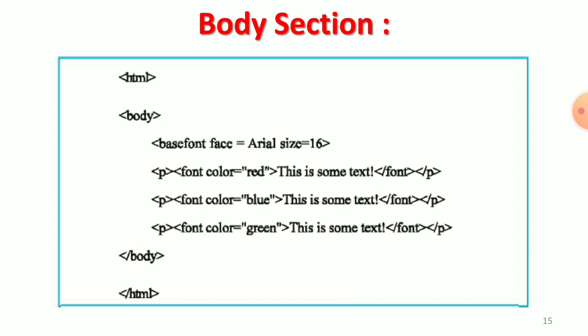P, font color equals red, color equals blue, color equals green, and the basefont face equals Arial and size equals 16. That means for all the text, font face equals Arial and size equals 16, which is common, and only the color changes. First text is red, second is blue, and third is green.